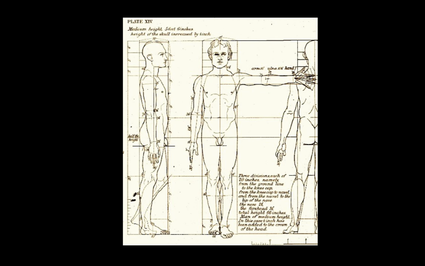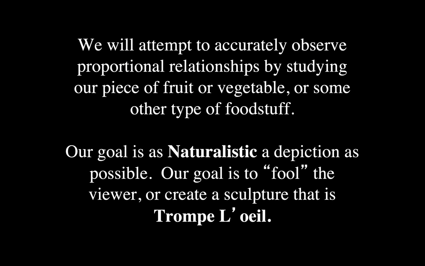And then from here to here is one head, from here to here is another head, from here to here is another head, and from here to here is another head. So there's 4 heads between the groin and the top of the head. And then from here to here, middle of the femur is a head, from here to knee is another head, and so forth and so on. So those proportional arrangements are really important if you want a naturalistic human figure.